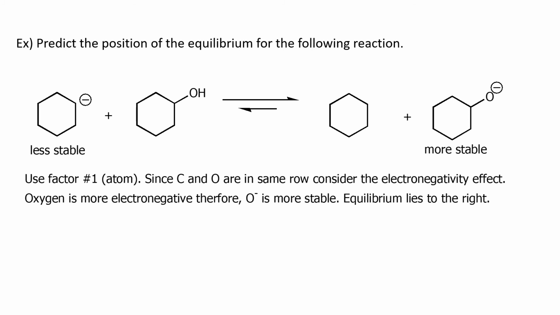Let's look at an example. We're going to use our ARIO system to compare the stability of the conjugate bases. That's all you have to do, is look at the conjugate bases. We're going to go through the ARIO system. Let's start with A. We have a negative charge on carbon versus a negative charge on oxygen.